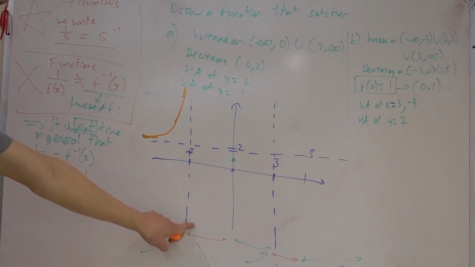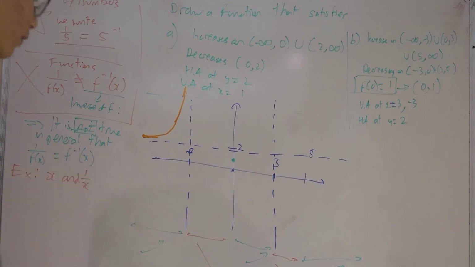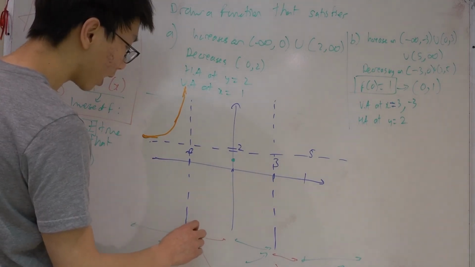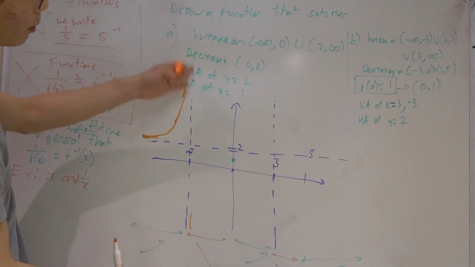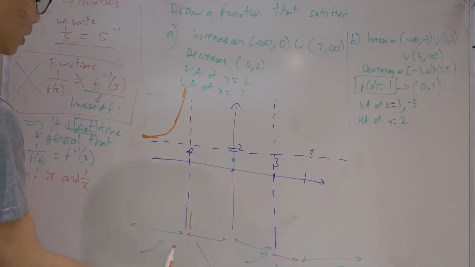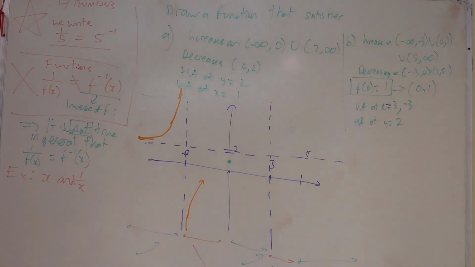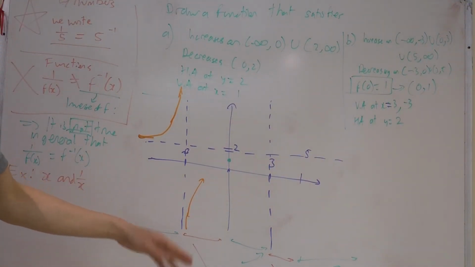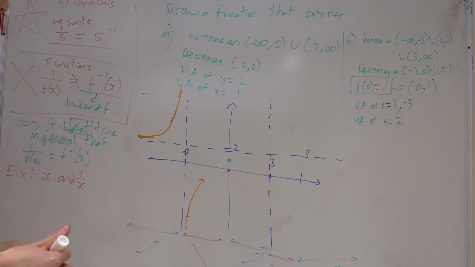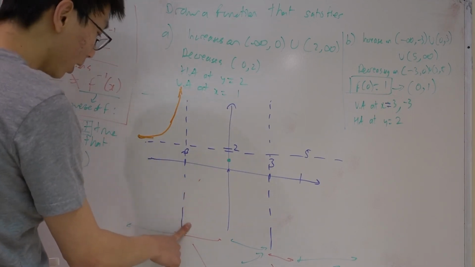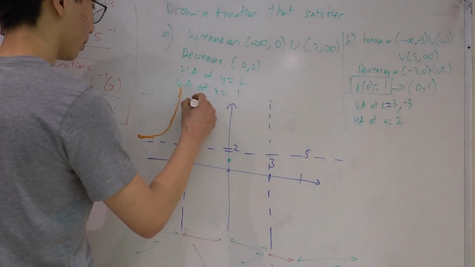Can I start from negative infinity? No, I can't, because this is a vertical asymptote, so I need to go either from positive infinity or negative infinity. If I start going down from negative infinity, there's no way for me to go. You can't go lower than negative infinity. So we can't start from here. We must start from here.